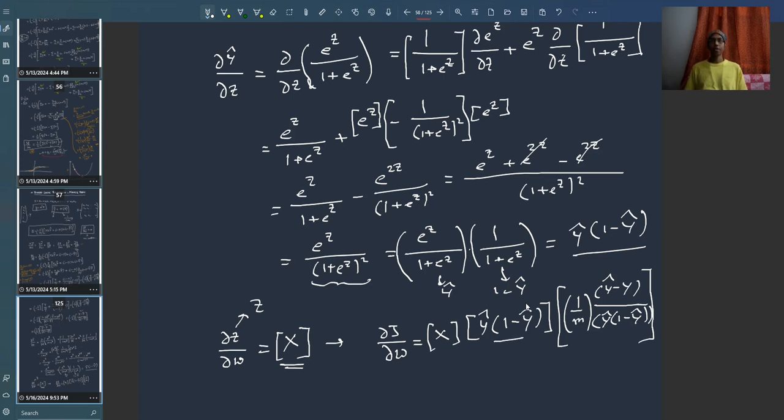Now this expression and this expression cancel each other. So you are left with del j del w is equal to 1 by m multiplied by y hat minus y into x. These are matrix forms.